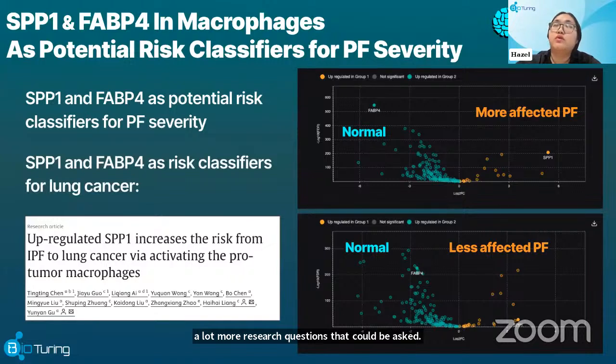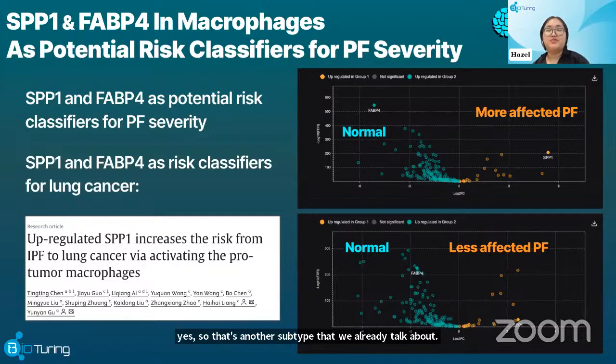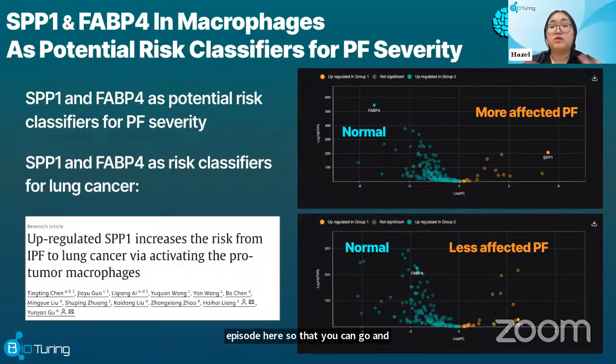However, if you look back, in our very first section, we also found one more subtype, which is the FCN1 macrophages. So that's another subtype that we already talked about, and it would be nice if we can bring up the link to that episode here so that you can take a look at different macrophage subtypes in IPF.